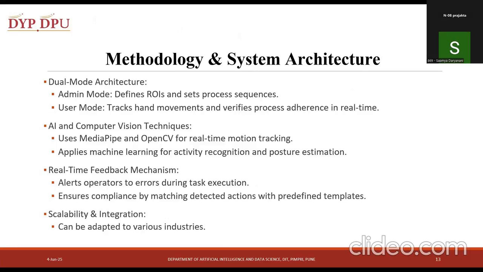Methodology and system architecture. We followed a dual mode architecture. In admin mode, the user defines regions of interest and sets the correct sequence of actions. In user mode, the system tracks real-time hand movements and checks if steps are followed correctly.